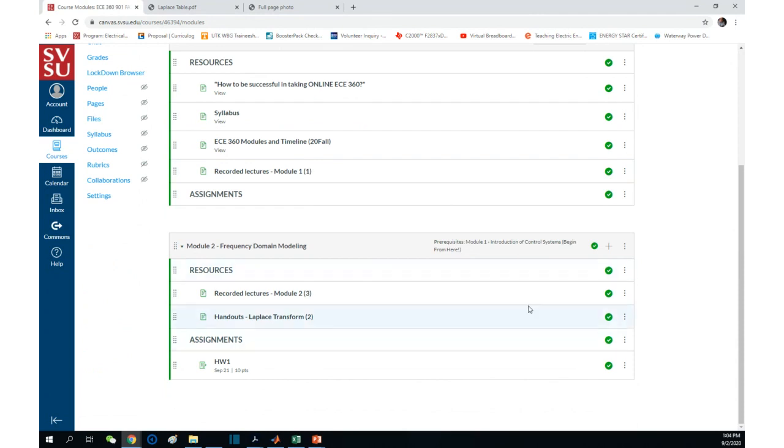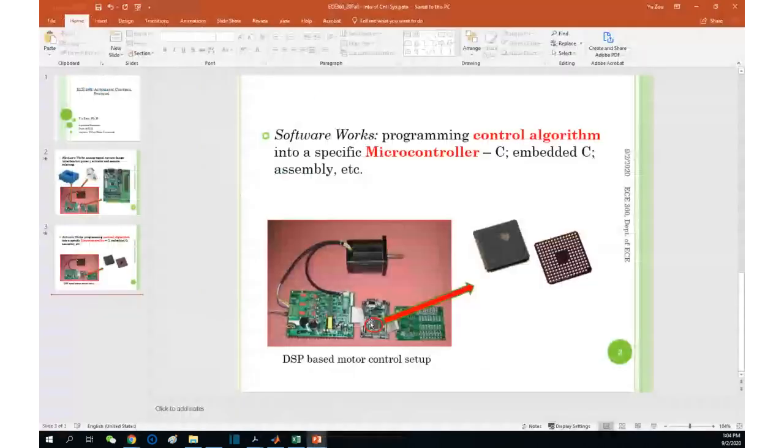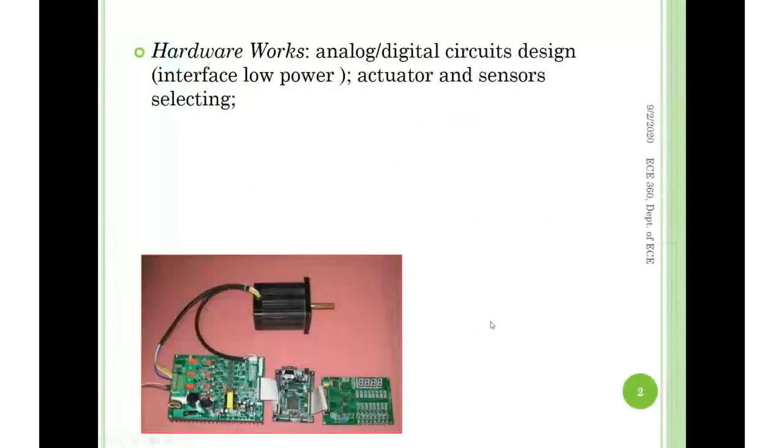So again, this is how to access the material in module 2. And now let's continue our lecture. Last lecture I was asked a question about a specific control system, so I figured I would give you a specific example of a system. Let's take a look at this picture here, down in the left-hand corner. You can tell what this is, first of all, what this guy is.